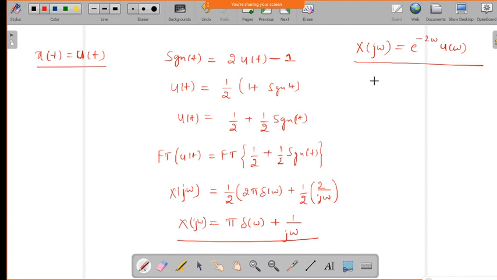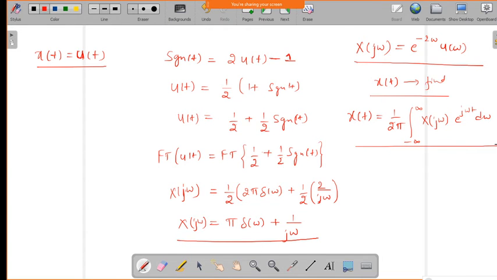Now find x of t, the time domain signal. Take the equation x of t, which is given by 1 over 2 pi, integral from minus infinity to plus infinity of X of j omega into e power j omega t d omega. Use this equation and try to find it out.